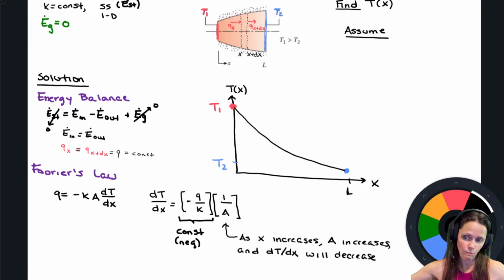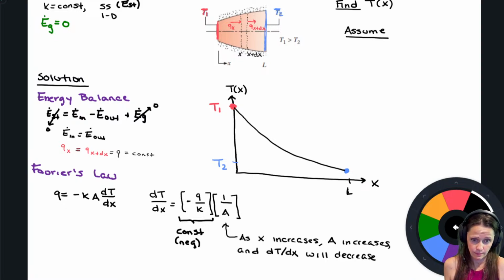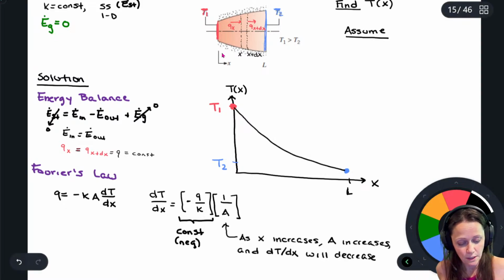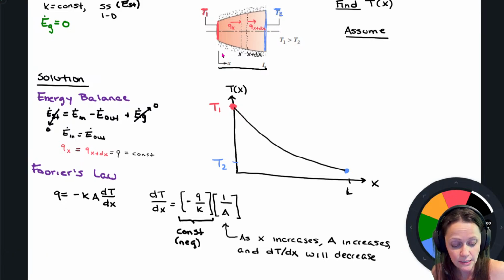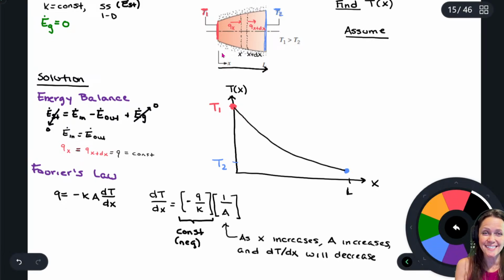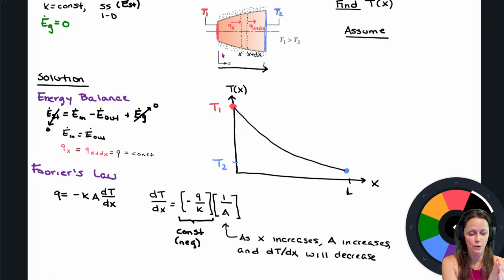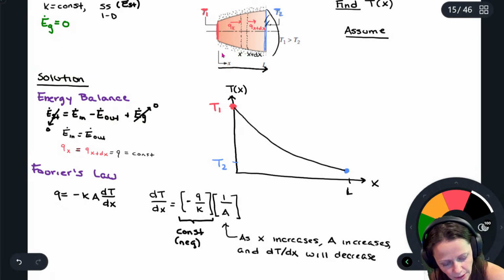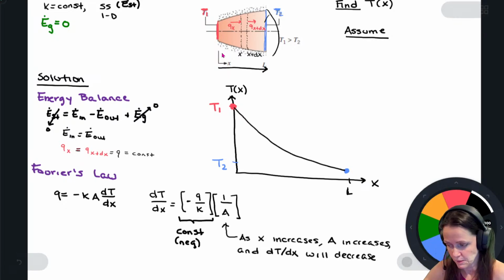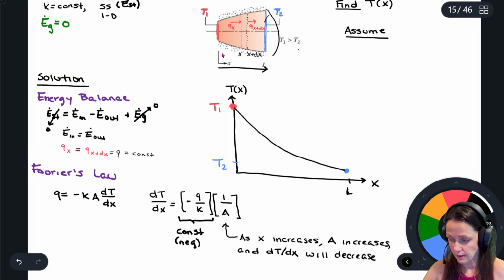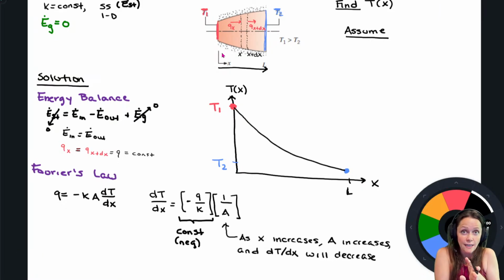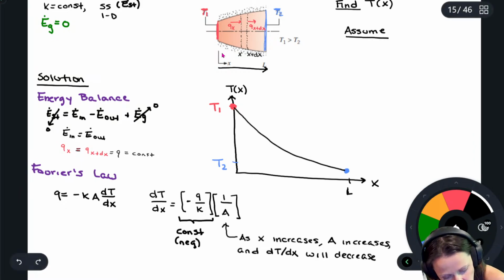Can you talk about that relationship again, as x increases? Yes. As you're moving from left to right, the area is increasing, and it's the area perpendicular to flow, the cross-sectional area that heat flows through.